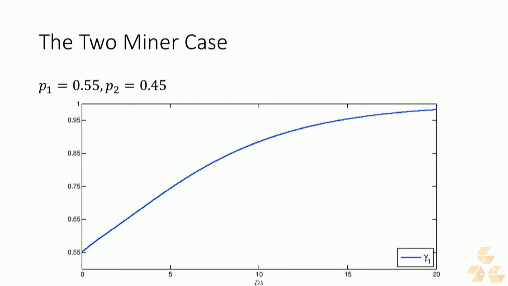Only 55% of the blocks in the longest chain were mined by the first miner. But as the delay grows, we see that more and more blocks in the longest chain were mined by the first miner. We see that almost 95% of the blocks in the longest chain were mined by the first miner, even though he only controls 55% of the hashing power.